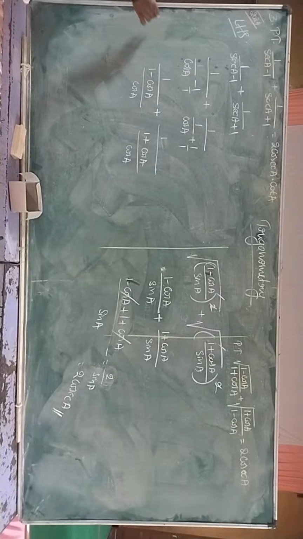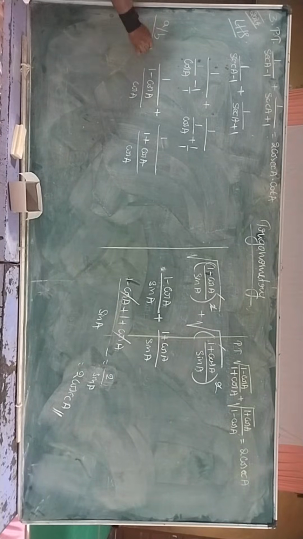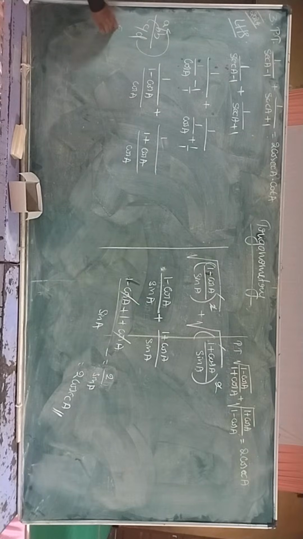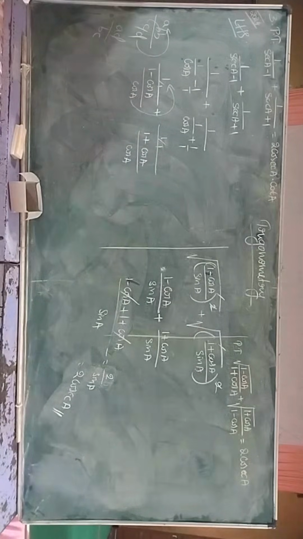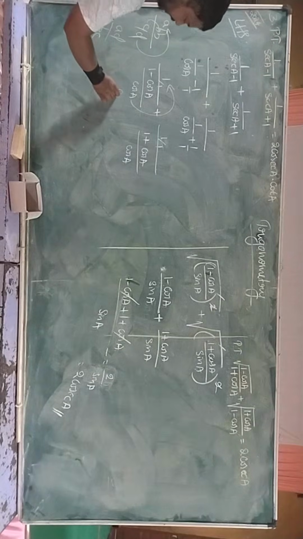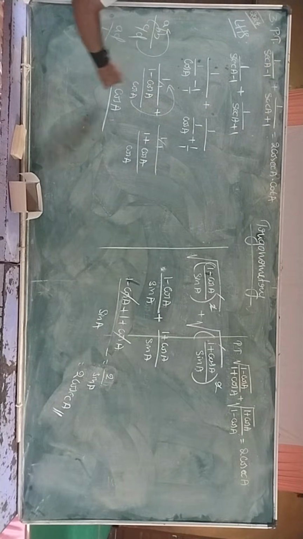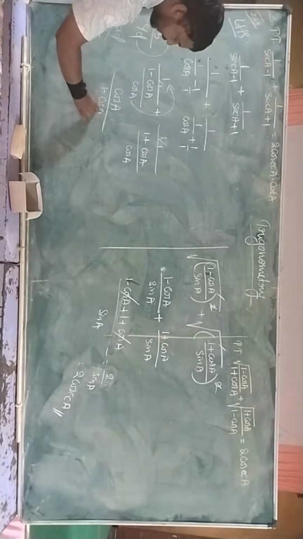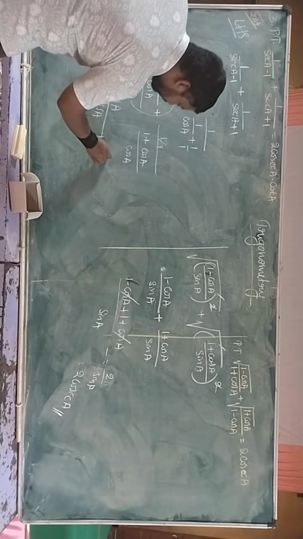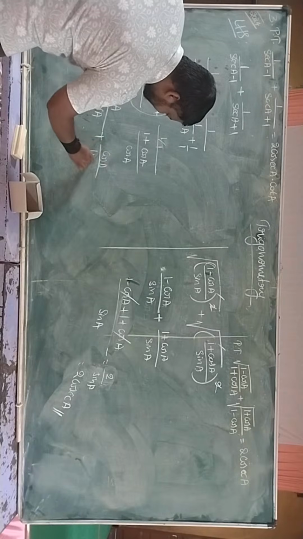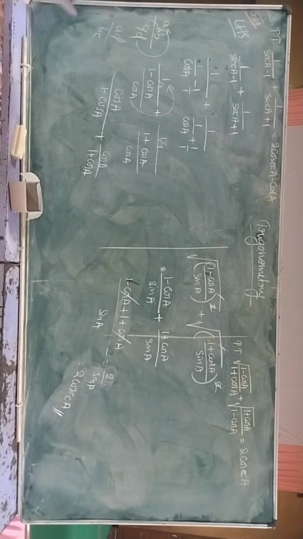So the rule is (A divided by B) whole divided by (C upon D). Here this C multiplies to A and this D multiplies to B, meaning AD divided by BC. Here 1 upon 1, similarly 1 upon 1, this cos A multiplies to the numerator, that is cos A divided by this 1 multiplied to 1 minus cos A, plus similarly cos A divided by 1 plus cos A. See the LCM now.